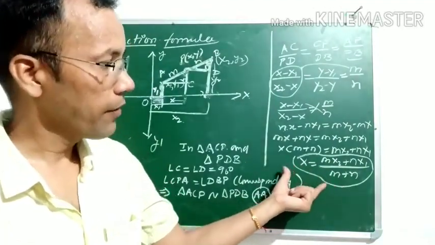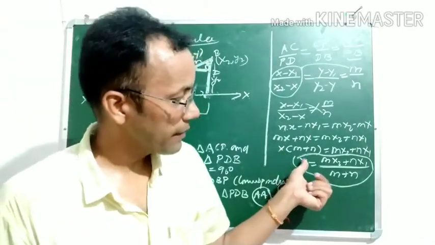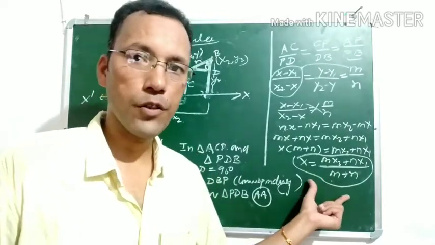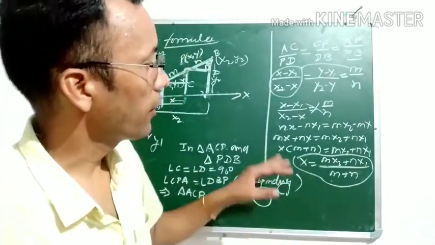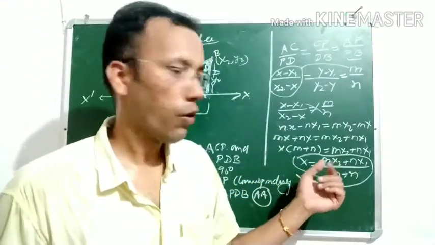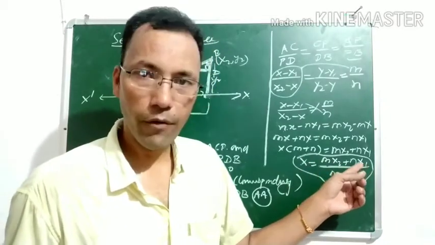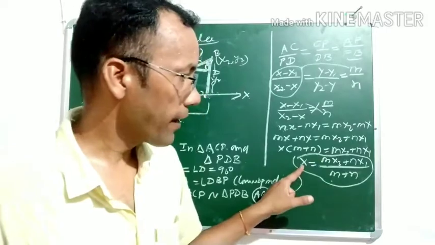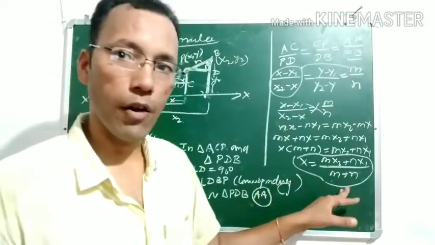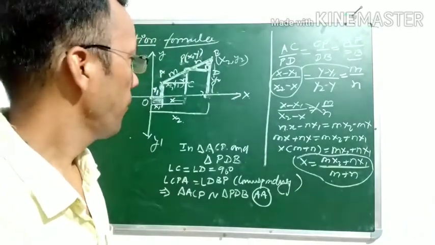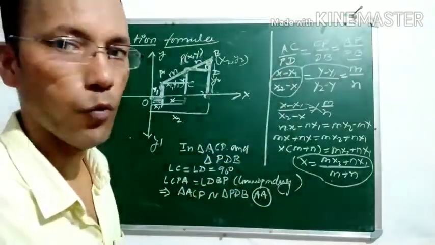So we have established a relation between x, x1, x2, m and n. This is called the section rule. We can find x2, x1, x, or m and n from the given information.